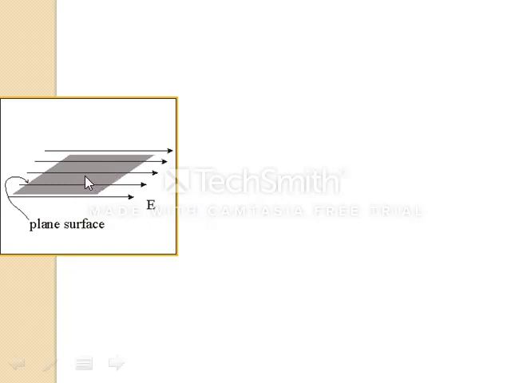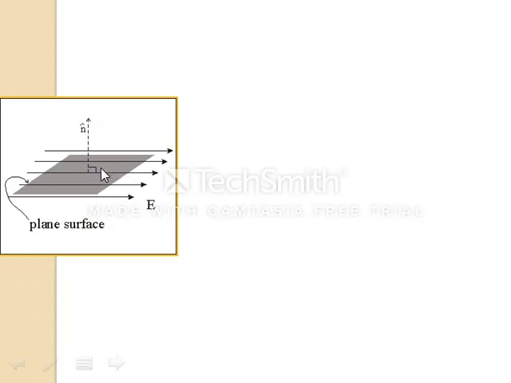We first draw the normal to the surface, as we did in the previous example. This is the normal to the surface. Now we can note that the normal to the surface and the electric field, in this case, are perpendicular to each other.